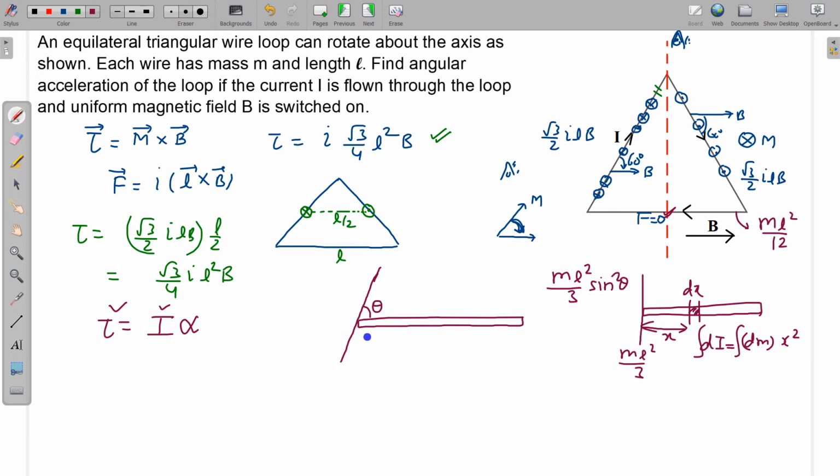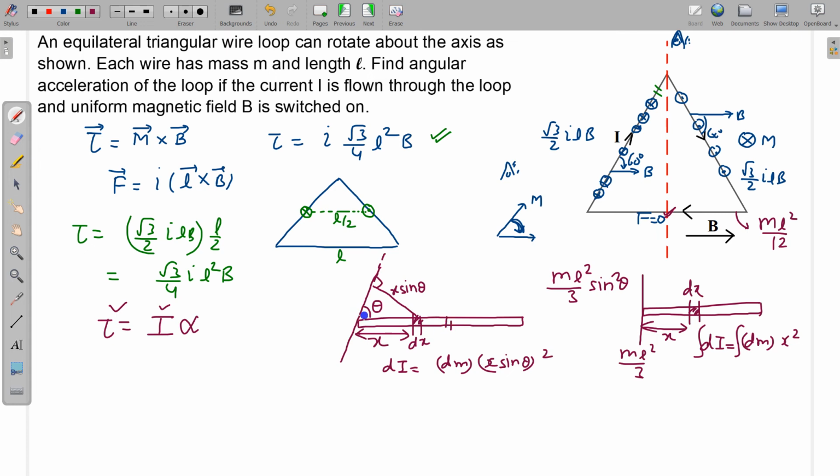I am taking x from this end and this is dx. What is the perpendicular distance of this dx or dm from the axis? This perpendicular distance is x sin theta. So for this element dI is equal to dm, which is m by l into dx, mass per unit length into dx, times the distance x sin theta squared.